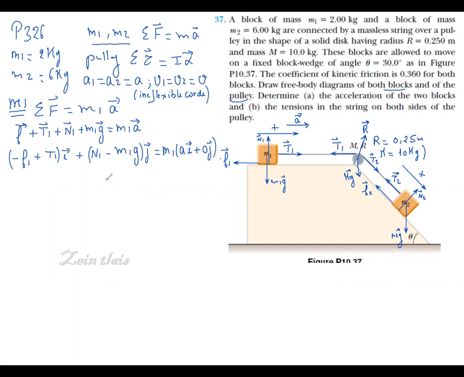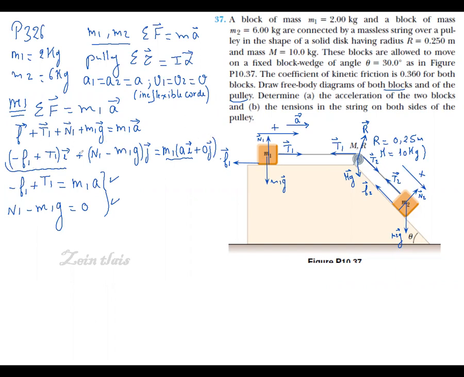You can write it like this, or you can write minus F1 plus T1, this one and this one, and for y, N1 minus M1G equals 0. Like this, it's okay. Two equations, one about the x-axis and one about the y-axis.